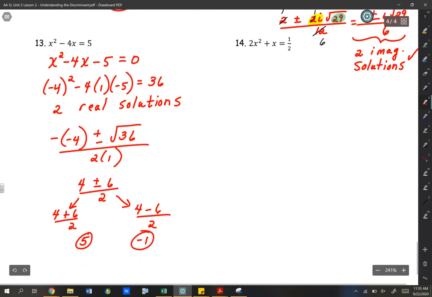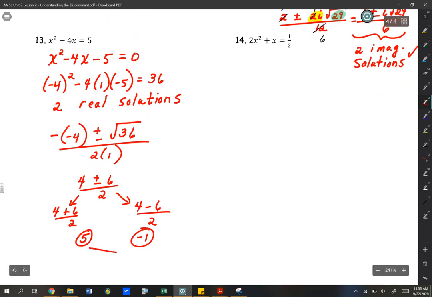So our answers are 5 and negative 1, which are indeed 2 real solutions.